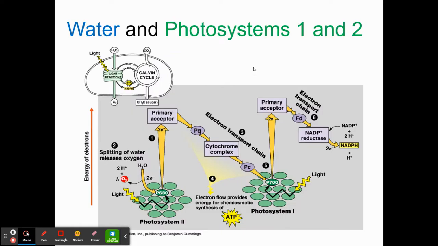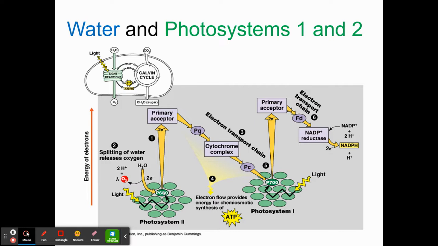So you may ask, where does the water come in the process of photosynthesis? And as we discussed earlier, this is non-cyclic electron flow, so that causes a problem because once the electrons are boosted to a higher energy level and they start going down the electron transport chain, we now have a hole in this reaction center chlorophyll that is missing 2 electrons.